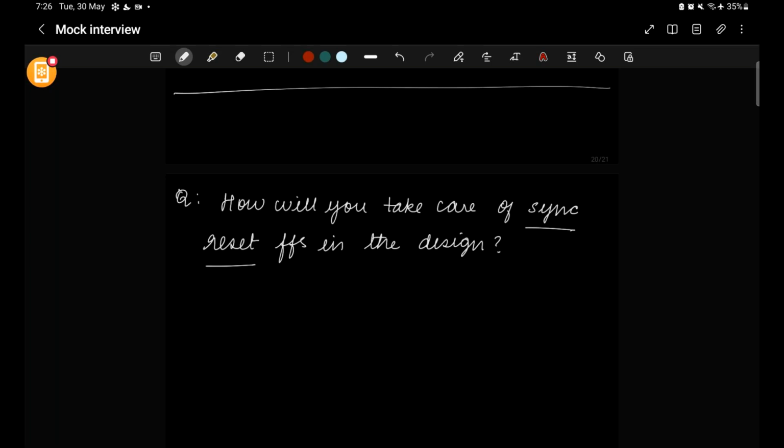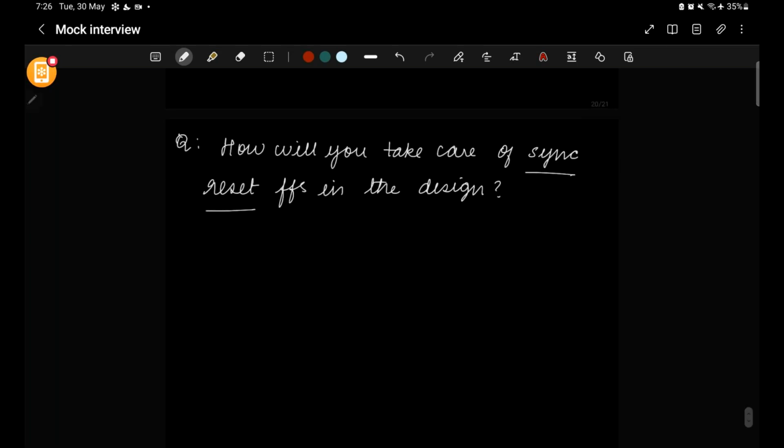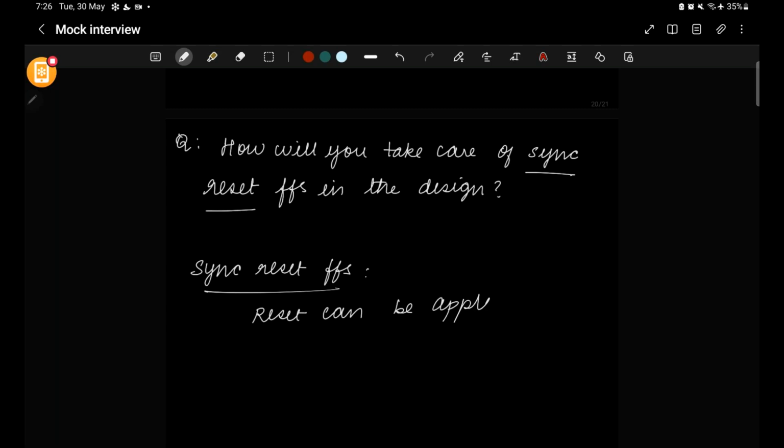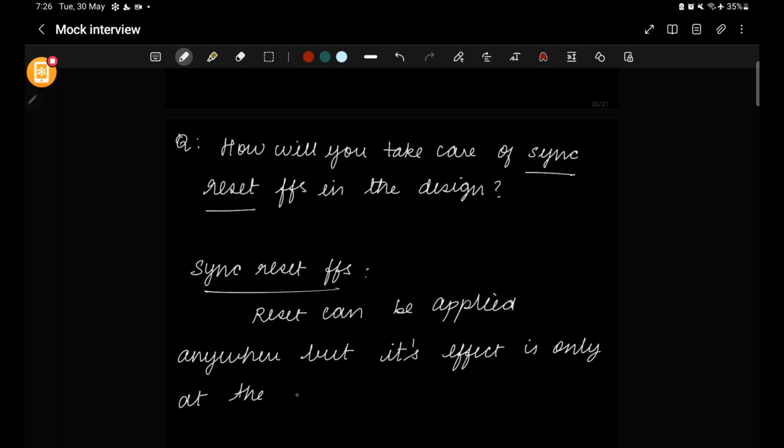So synchronous reset flop. What is a synchronous reset flop?